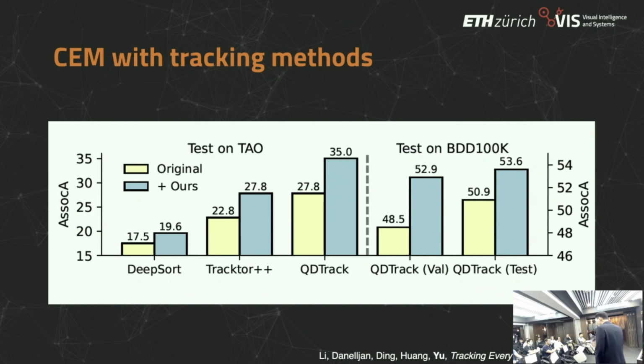We find that the module is not only working well in our own method, like QDTrack, it's also helping other methods, like DeepSORT or Tracktor++. Even on our street scene data, like BDD100K, it's still improving.